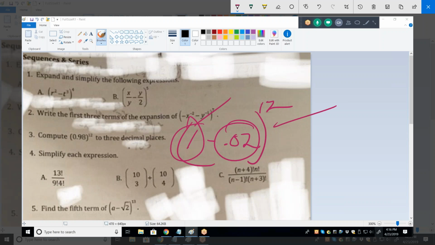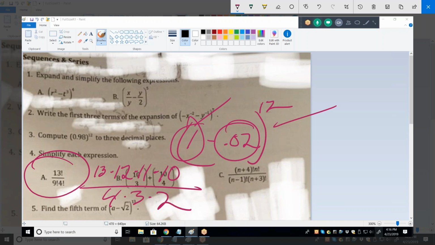Okay, let's look at this down here while we still have a few minutes. You know how to simplify that? Yes, sir. Okay, so it becomes 13 times 12 times 11 times 10 divided by 4 times 3 times 2.